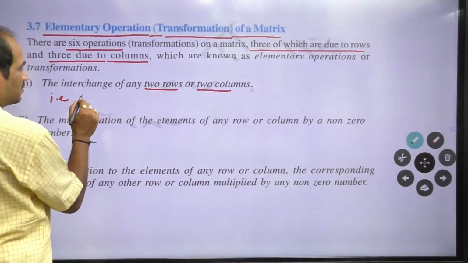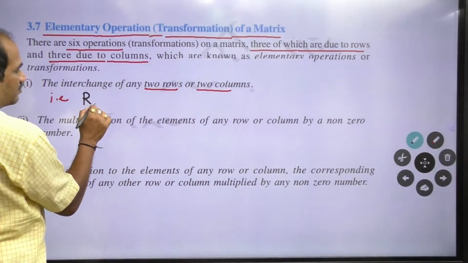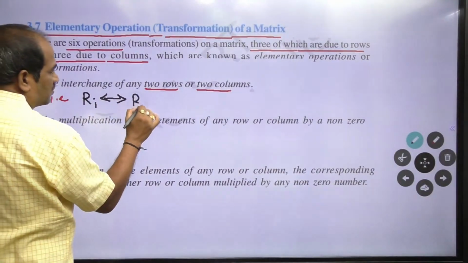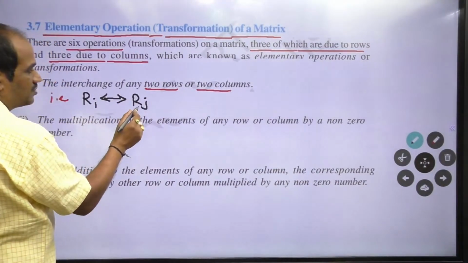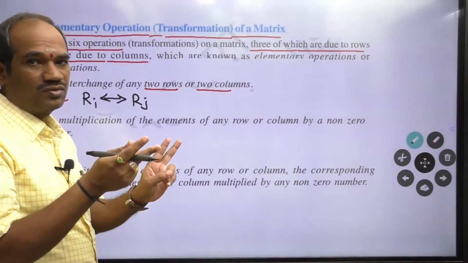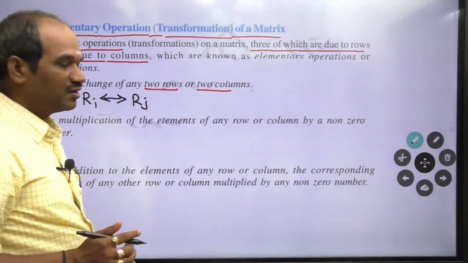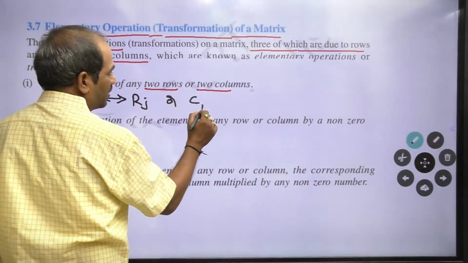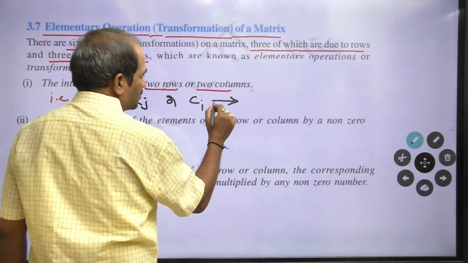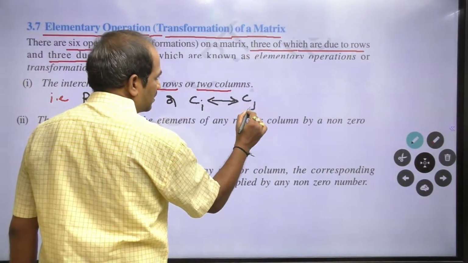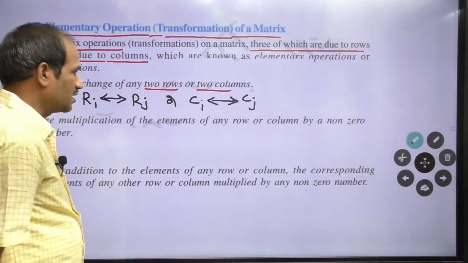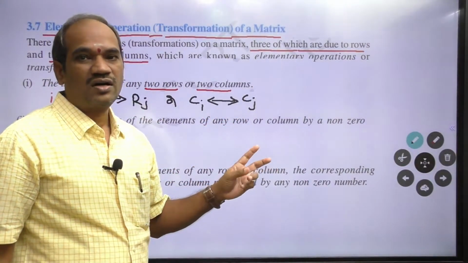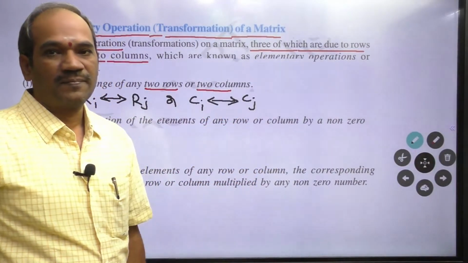Ri interchanges with Rj, the ith row and jth row, interchanging two rows. Columns are also the same: Ci interchanges with Cj, interchanging two columns. This is the first property.